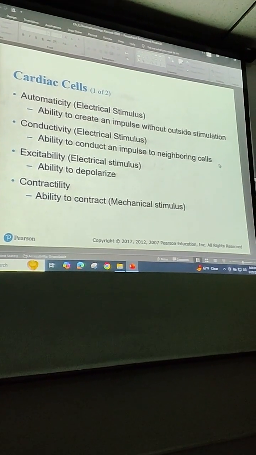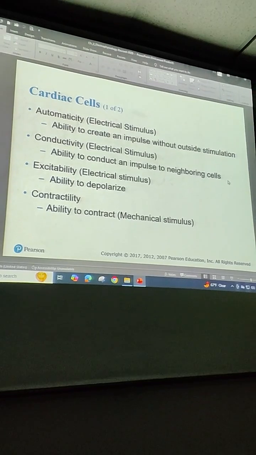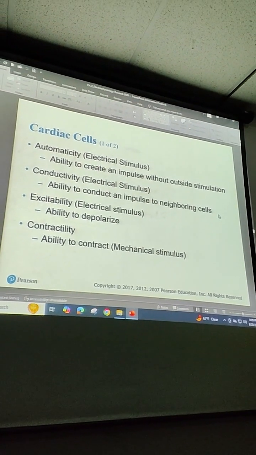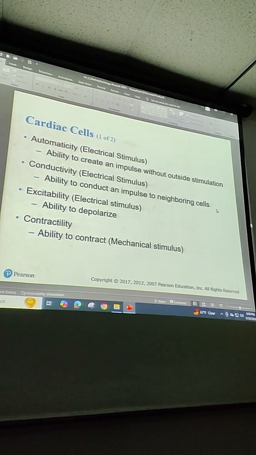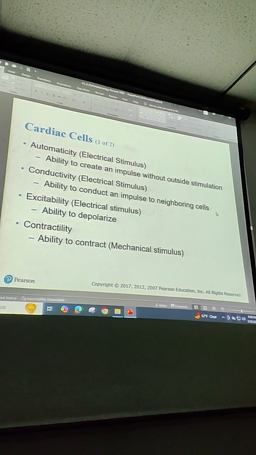Is that understood? These are questions for exams. In the case that the patient is having a heart attack, what is the first aid procedure that we're going to give to the patient?